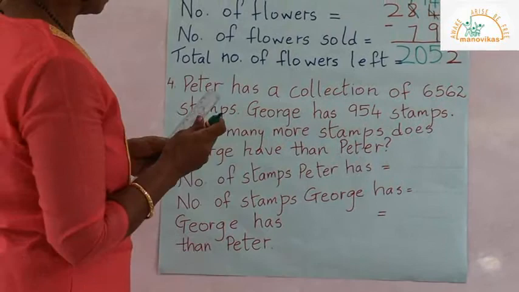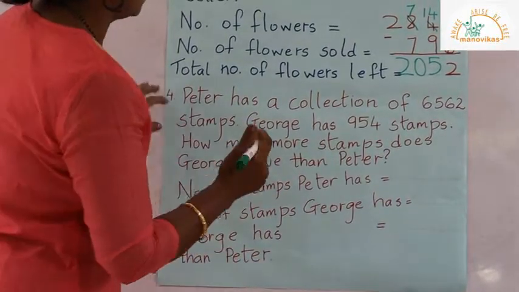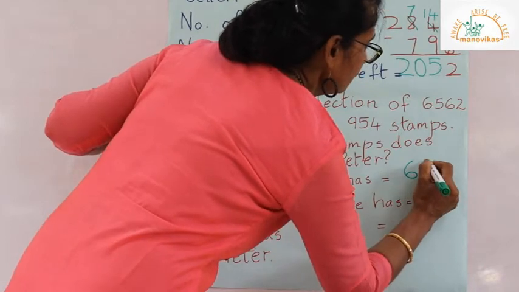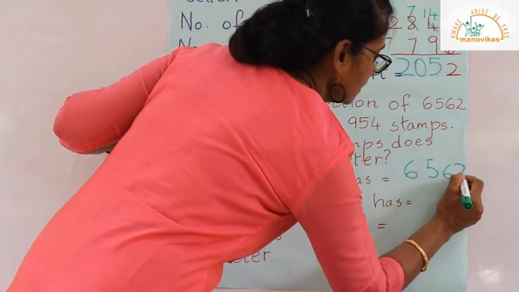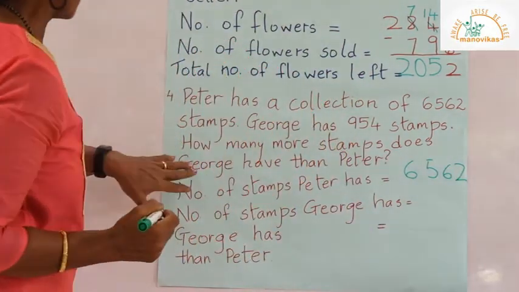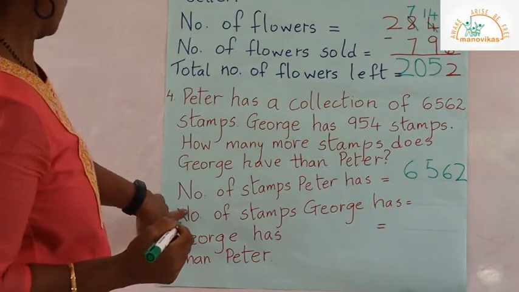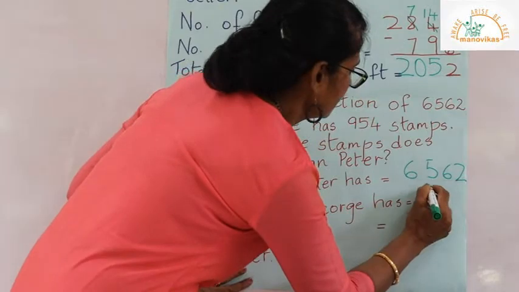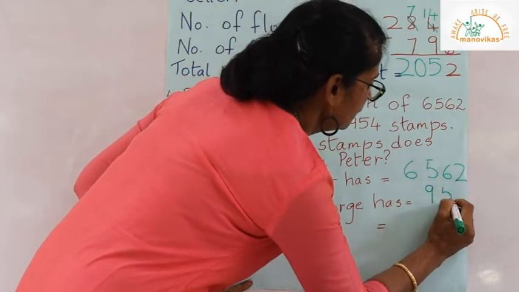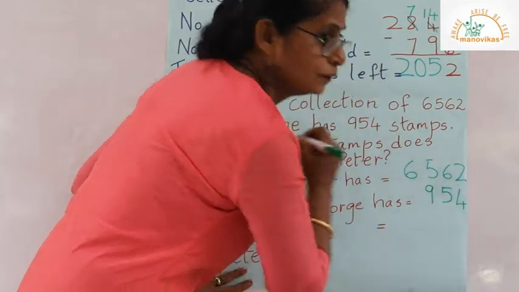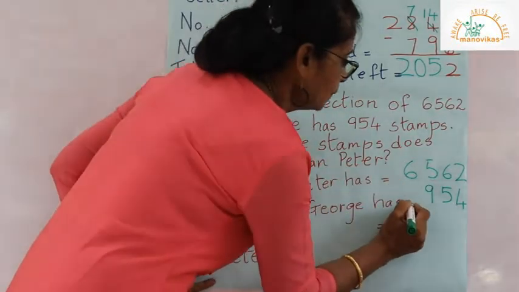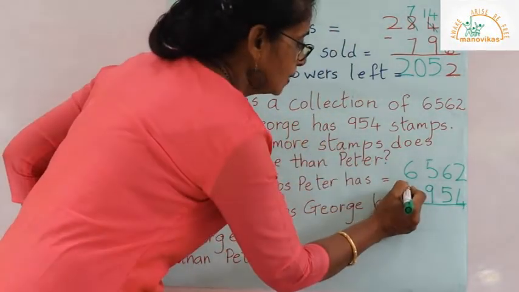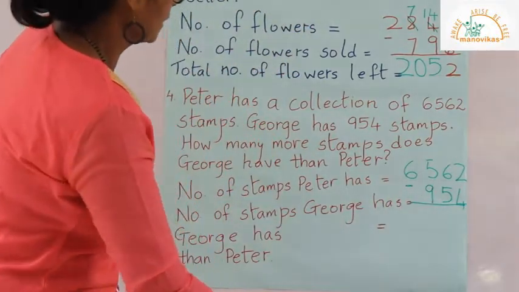So the number of stamps that Peter has is 6,562. The number of stamps that George has is 954. What we have to do to find the difference is we need to subtract.